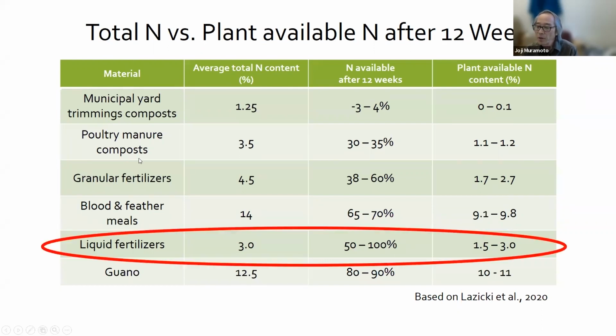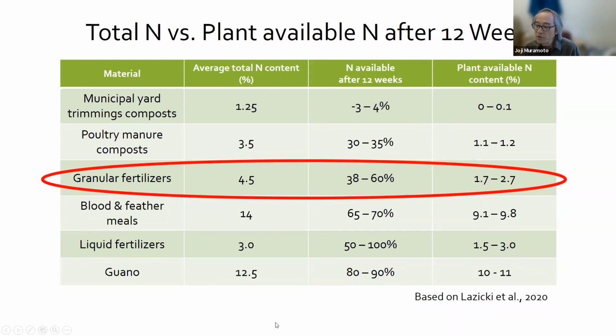For example, say a liquid fertilizer has a 3% total nitrogen content. Based on the incubation study, 50 to 100% becomes mineralized in 12 weeks. So the actual available content is 1.5 or 3%. That's the plant-available form of nitrogen in this fertilizer.